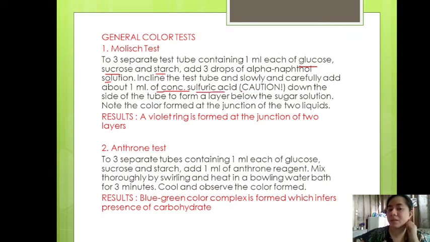Anything that gets on your hand or on your skin may burn you. Add it down the side of the tube to form a layer below the sugar solution. Note the color formed at the junction of the two liquids. So, remember, guys, the result of this, once you do it, is a violet ring, or blue instead.